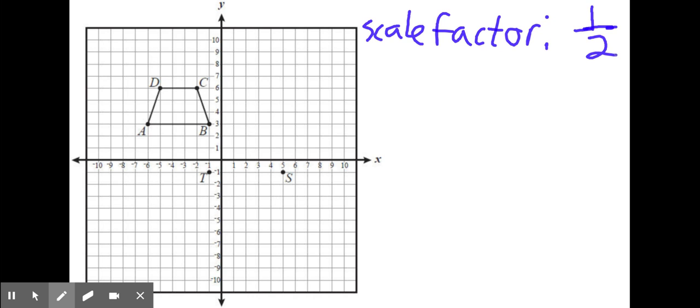And then for my center, I'm just going to put it up sort of in the left upper part of this graph, and we'll have it at negative 10, 10.